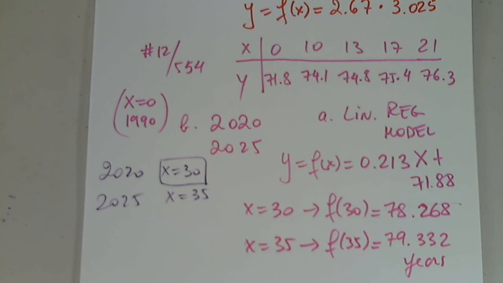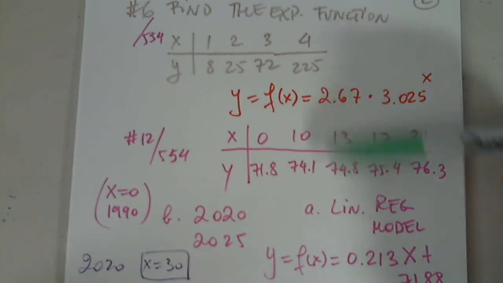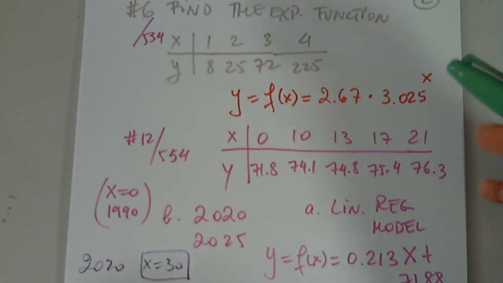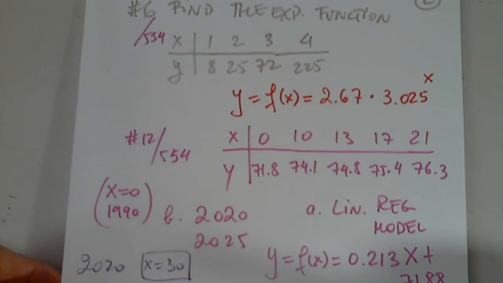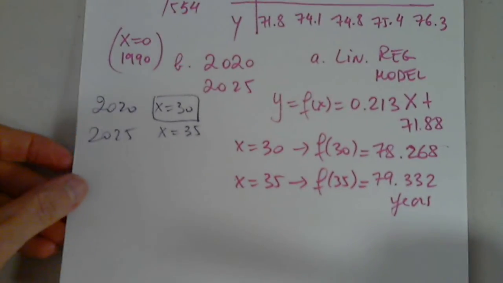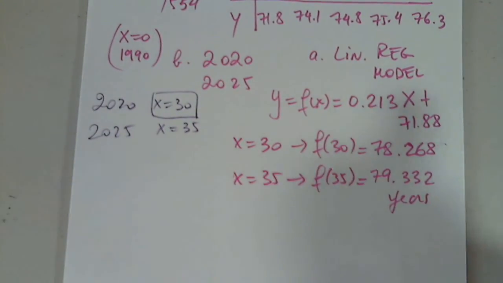That's basically all I had to say about section 6.4. I just wanted to get it out of the way quickly. I'm not going to ask you to determine the regression or the exponential model by hand. The calculations are long.